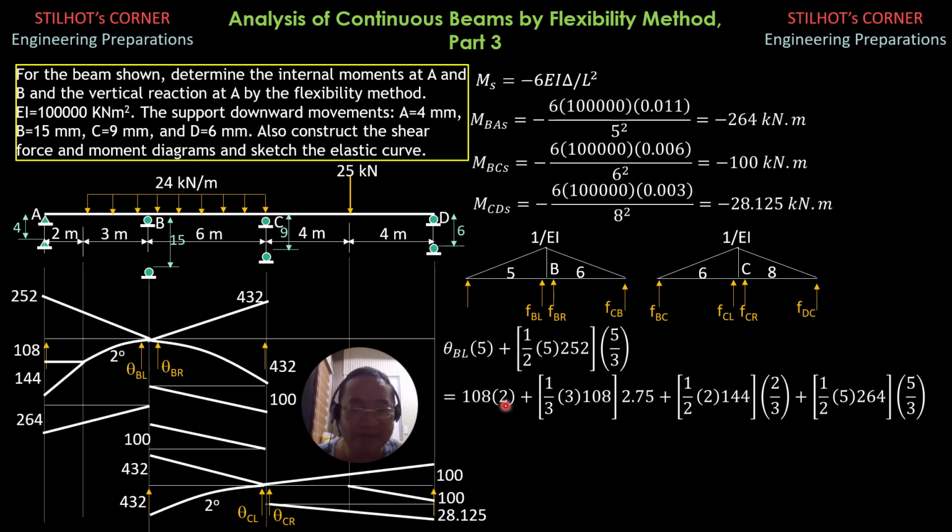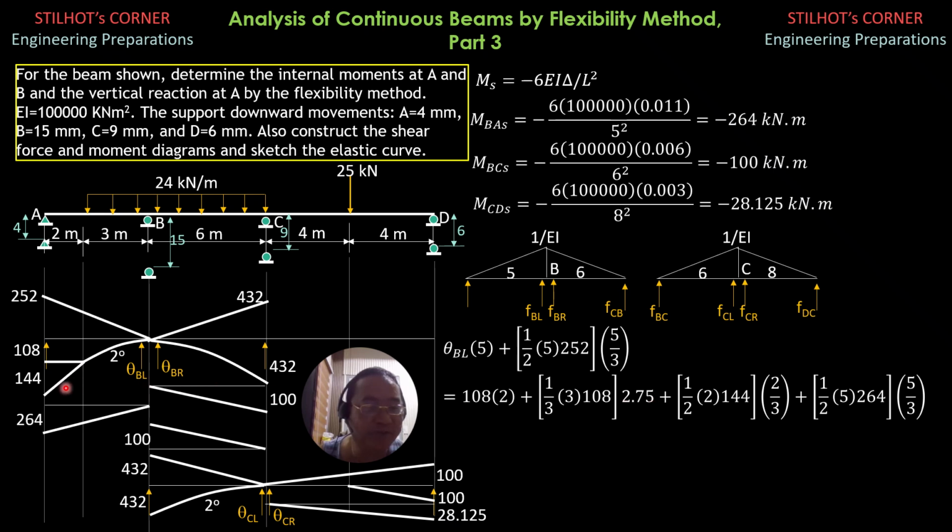There's no moment arm, but anyway, it's still 108 times 2. Then due to this third degree area, 1/3 times 3 meters times 108 height, the moment arm is 3 over 4 times 3 plus 2, so that's why you have 2.75 here.